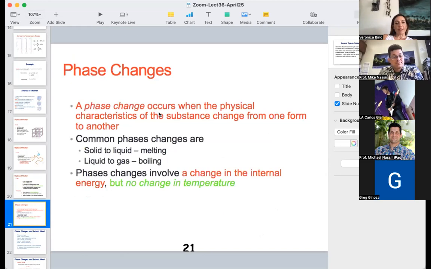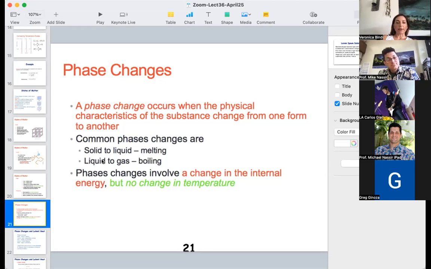So a phase change occurs when the physical characteristics of a substance change from one to another. Common phase changes are from solid to liquid, melting, like melting ice cream when it becomes liquid, from liquid to gas, boiling, like our boiling water. And a phase change involves a change in the internal energy, but not a change in the temperature.